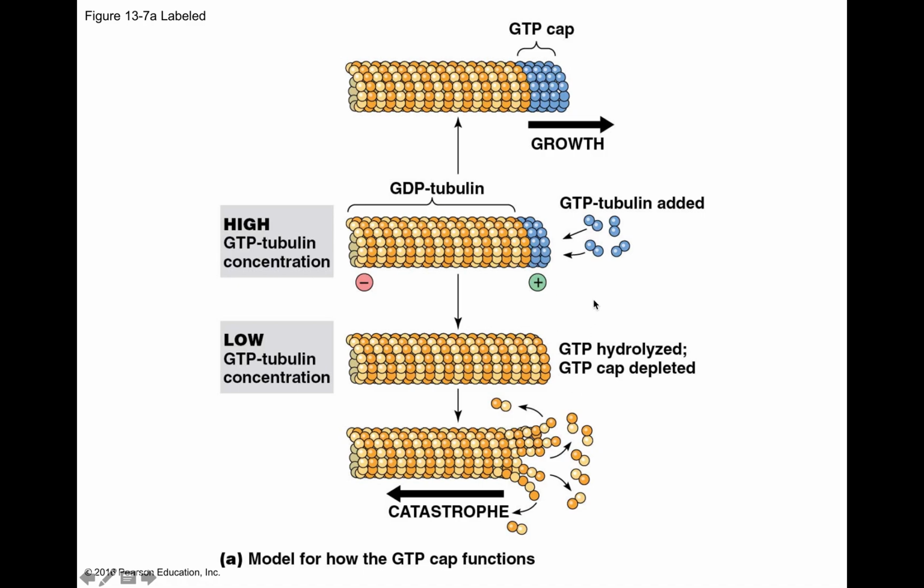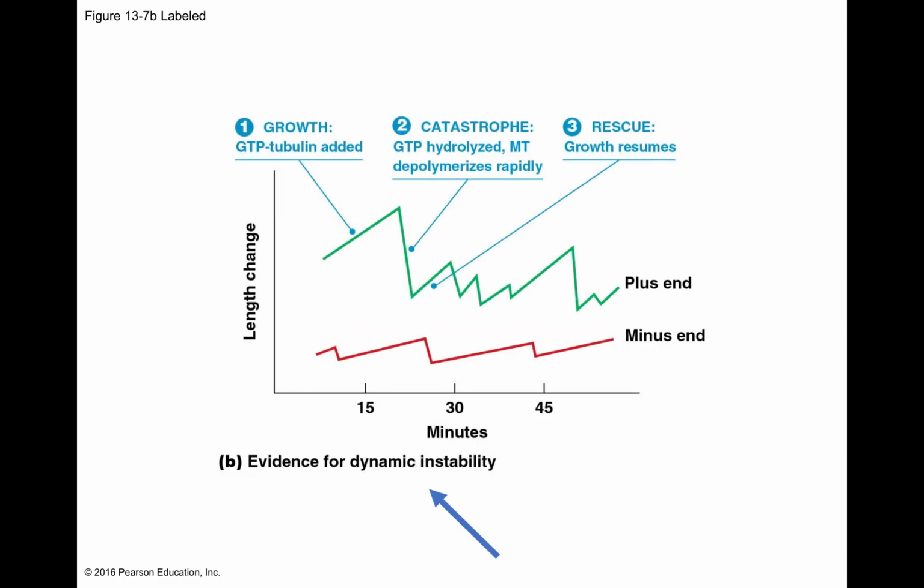At the point where you exhaust the GTP cap, so there are no tubulin subunits with GTP bound on the plus end, you can get what's called catastrophe, where the whole microtubule falls apart at once. And whether it is growing or shrinking all depends on multiple equilibria. So it depends on how much free tubulin is available, how much of that free tubulin has GTP bound to it, and what the rate is at which GTP is being hydrolyzed to GDP.